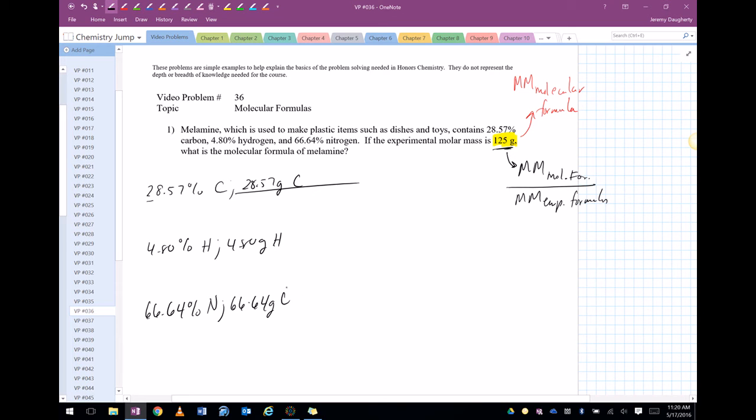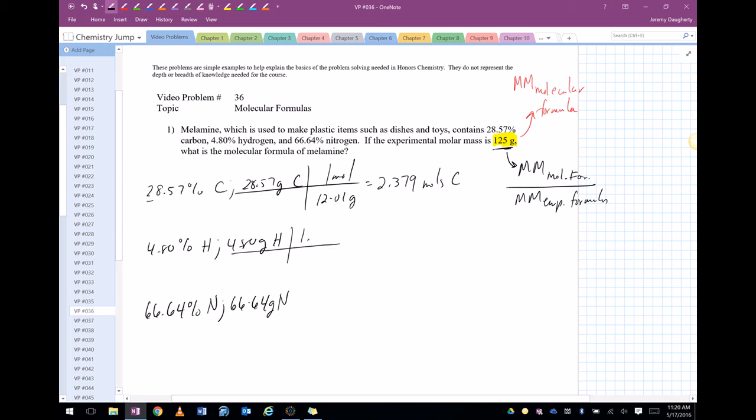This should be nitrogen, sorry. For carbon, 1 mole for every 12.01 grams. I get 2.379. That's moles of carbon.